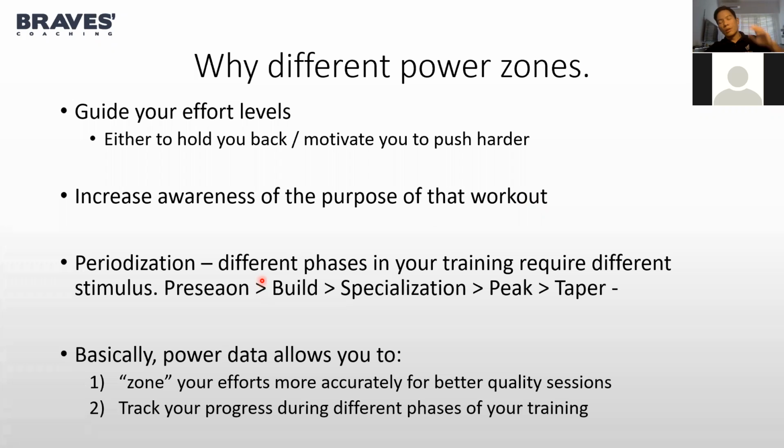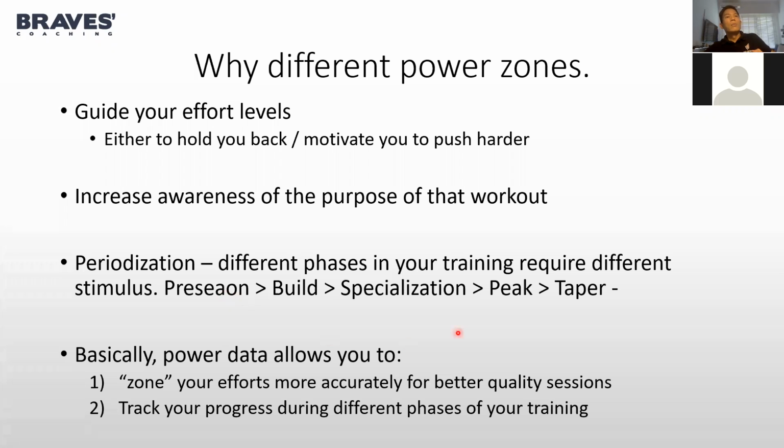Now it's a little bit different because we're in the COVID lockdown and there's not much racing, so a lot of us are just doing maintenance work. But if we're in a proper phase season where you have an A race that you know absolutely is where you want to do your best, then we'll go through a phase season, and different phases of that season will require different types of training stimulus.